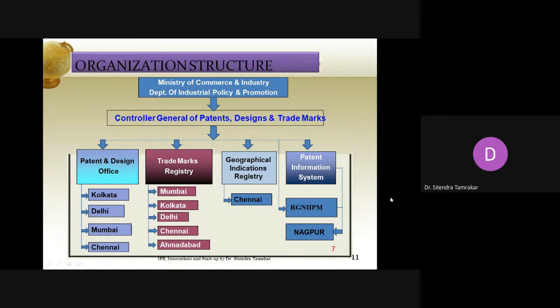The patent and design offices in India are categorized in four zones: Kolkata, Delhi, Mumbai, and Chennai. Trademarks have Mumbai, Kolkata, Delhi, Chennai, and Ahmedabad. GI can be registered only in Chennai, and the Patent Information System, which is subsidiary to the patent, can be found in Nagpur.